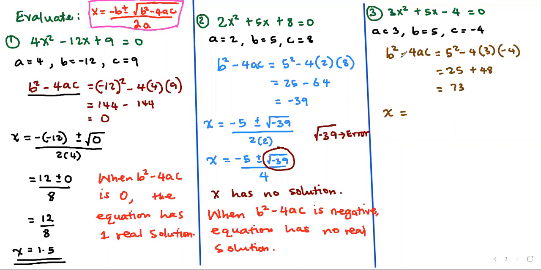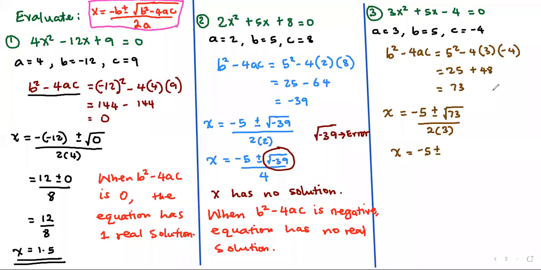And we know that b squared minus 4ac is equal to 73, so I write the square root of 73 over 2a. That is 2 times a. Here a is 3. So x is equal to minus 5 plus or minus.